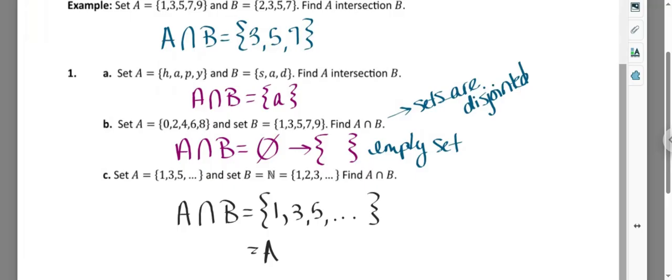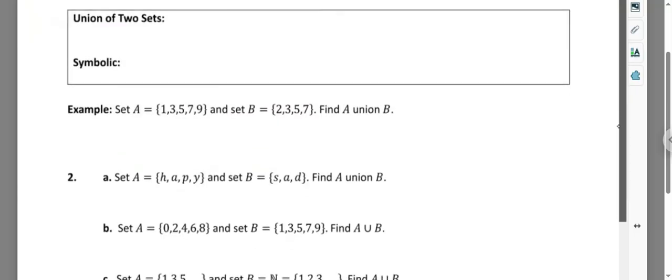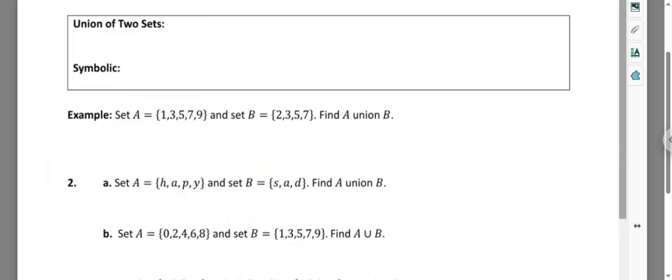Questions on intersection. Again, we have to have overlap. They have to be in both of them. Union is our next piece. So the union of the two sets.